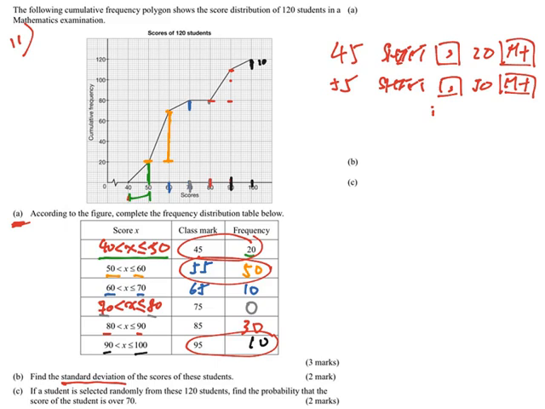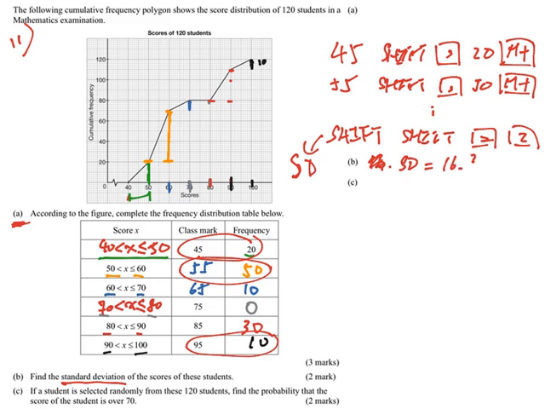After you press this, you can find the SD by using shift 2. Then you can find the SD. So the answer is 16.8. So SD is equal to 16.8. Remember, 3 significant figures.